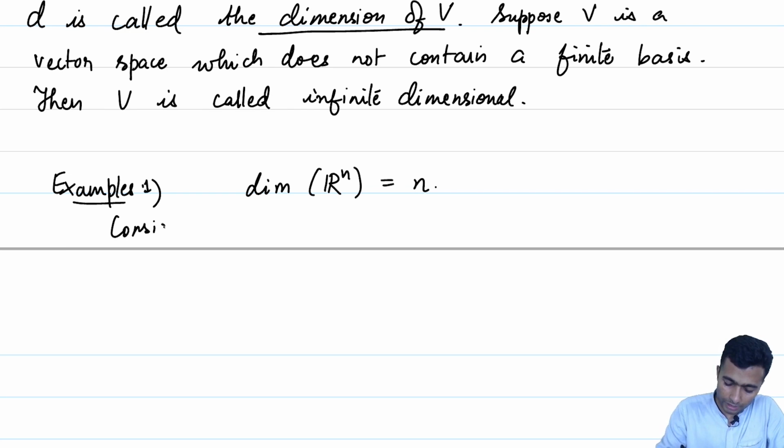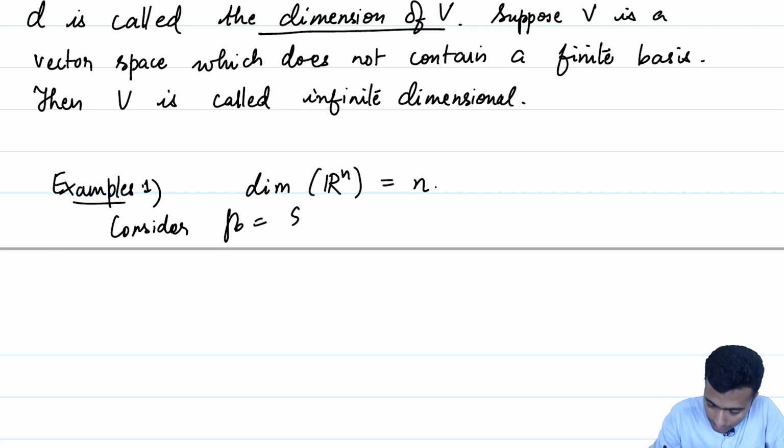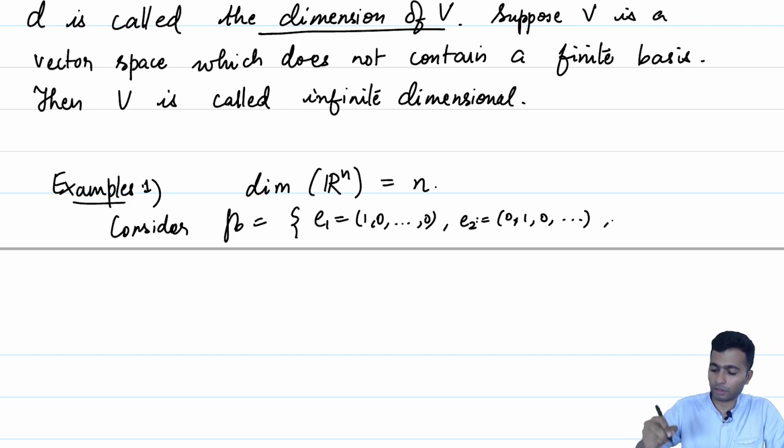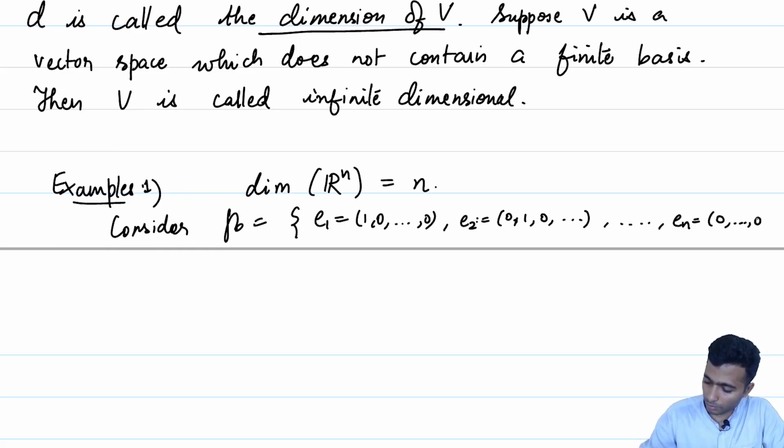Consider beta to be the standard basis, the set given by E1 equal to 1 0 0 up to all zeros later, E2 is equal to 0 1 0 and so on, E3 with 0 everywhere except in the third coordinate, which will be 1, and En is equal to 0 up to 0, 1.